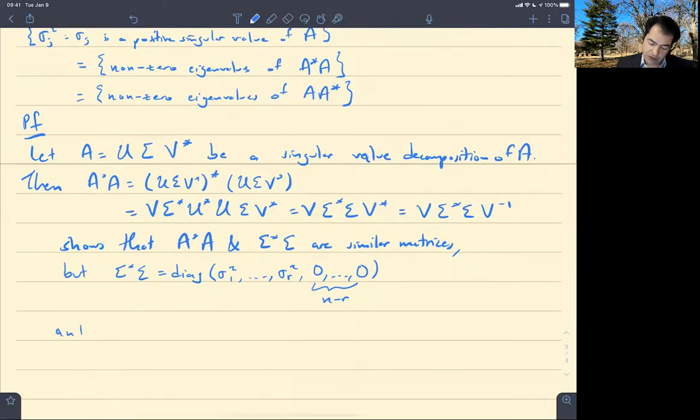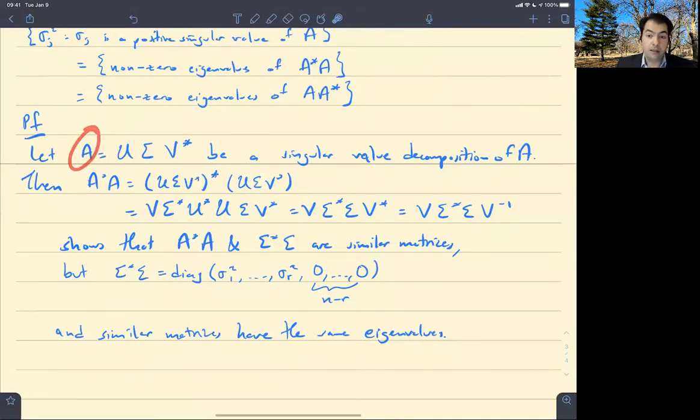And similar matrices have the same eigenvalues. So what we've seen here is that if you start with any matrix A, then A star A is diagonalizable. And in fact, we've diagonalized it because we've found that it's similar to this diagonal matrix.